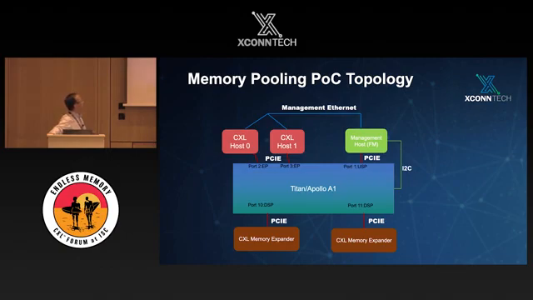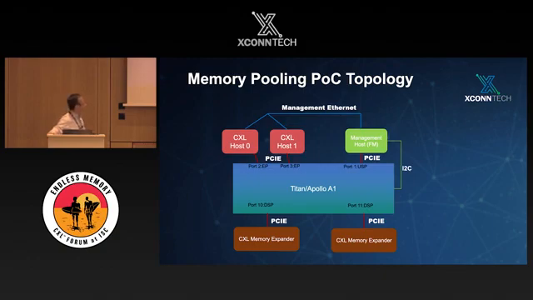For the memory pooling topology, because this memory pool is being shared by multiple hosts, we just use two hosts to represent this development platform, and that's our setup in our lab. Of course, once you have two hosts working, you can further expand it to 4 or 8 hosts.